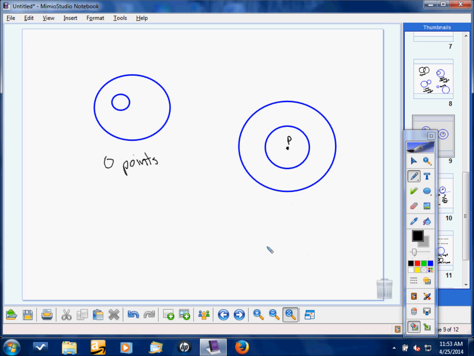That's kind of a little bit weird, because you've never actually had a geometric figure before that had the same name that was actually completely different. These 2 circles are what we call concentric. Concentric circles are circles that share the same center.